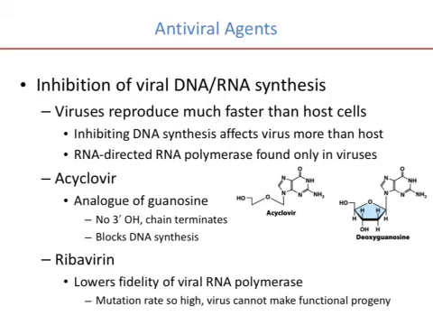Furthermore, if you're targeting, say, RNA-directed RNA polymerase, that is only found in a subset of viruses, but that's one of the few components of viral machinery that you can target.